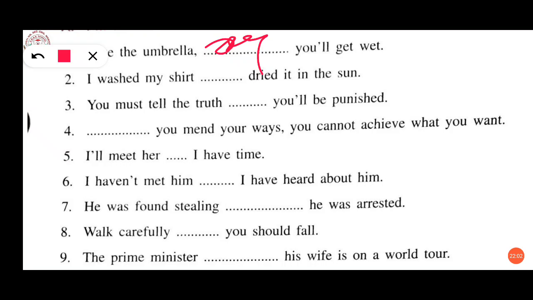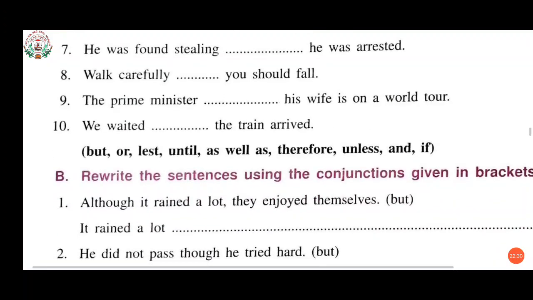Here or will come. Second, I washed my shirt dash, dried it in the sun. I washed my shirt and dried it in the sun. Third, you must tell the truth or you will be punished. Fourth, unless you mend your ways, you cannot achieve what you want.